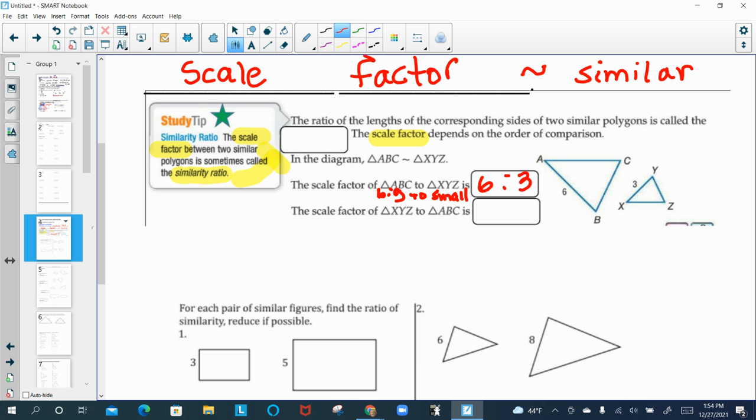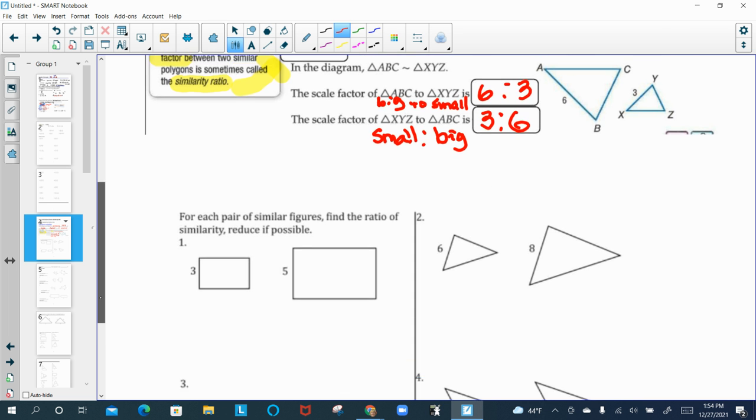But now the second part of this says the scale factor of triangle XYZ, well, that's the small to ABC, to the big. So we're going to take the small side to the big side. So we really have two scale factors here. They just depend on the order in which you're comparing them. Neither one is wrong. It just depends on what's being asked.